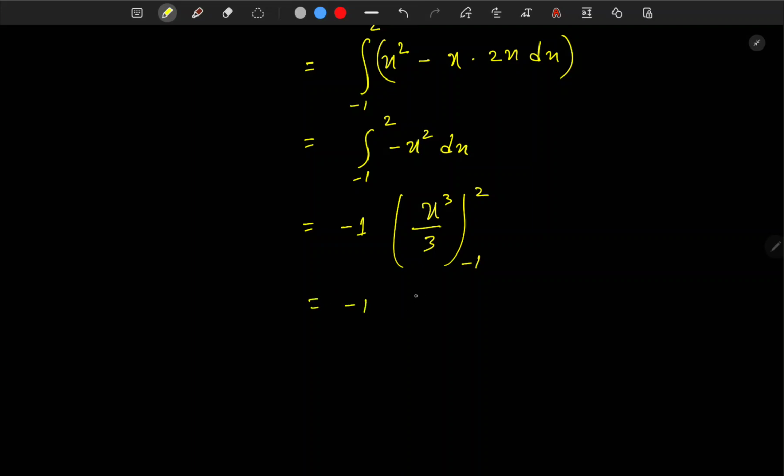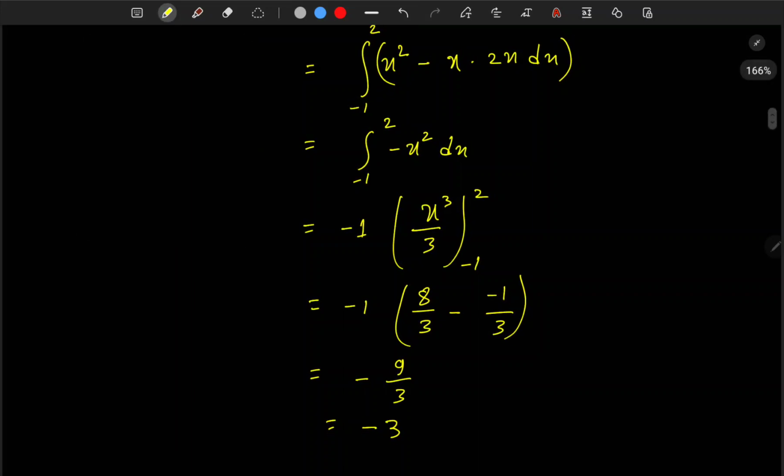It will be 8 upon 3 minus -1 upon 3, so it becomes -9 upon 3. Finally we get -3 as the answer. This is the required answer.